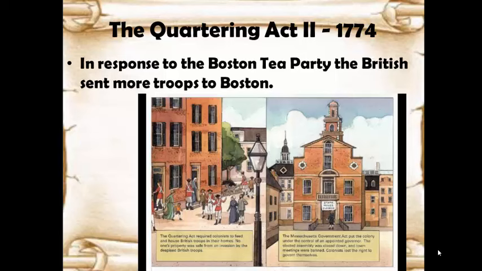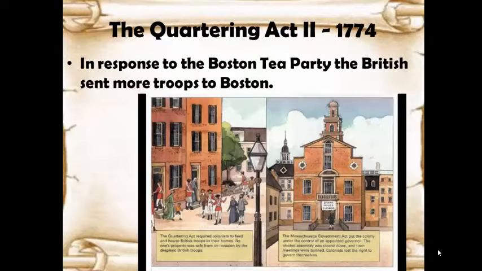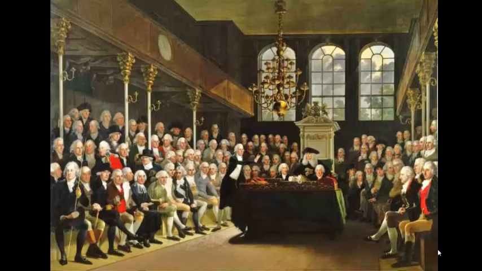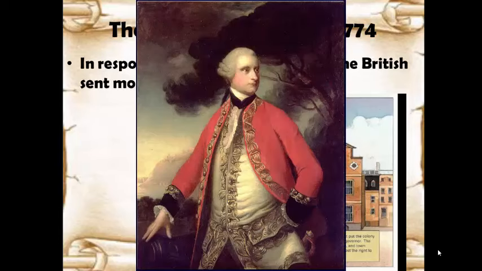They also passed a law where they would no longer let elected assemblies meet. Now, assemblies were our own lawmaking bodies, lawmakers who had been voted on by the people. And so from here on out, the colonies were going to be governed by people chosen by the king.